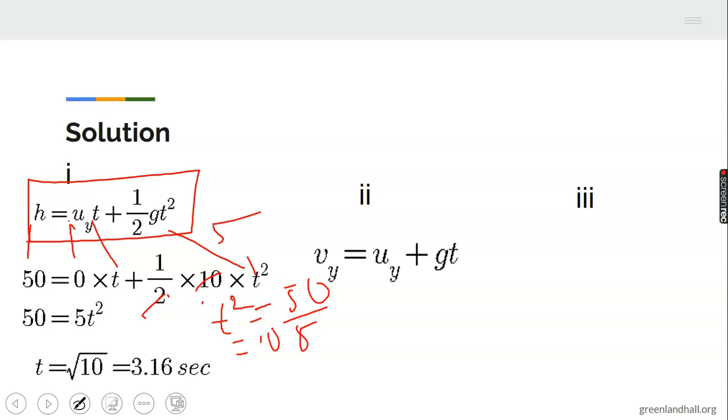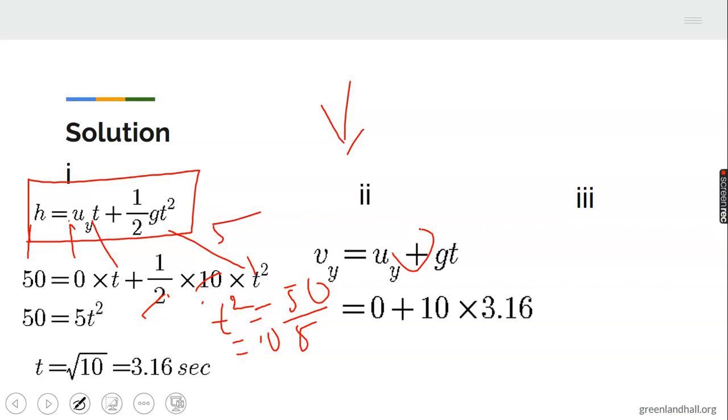Now, for the vertical component of velocity, I can use the first equation of motion. Vy is what I'm looking for. I know that at maximum height, Uy equals 0, so Vy equals 0 plus gt. Because the motion is downward, in the same direction as G, that's why I'm using a positive here.